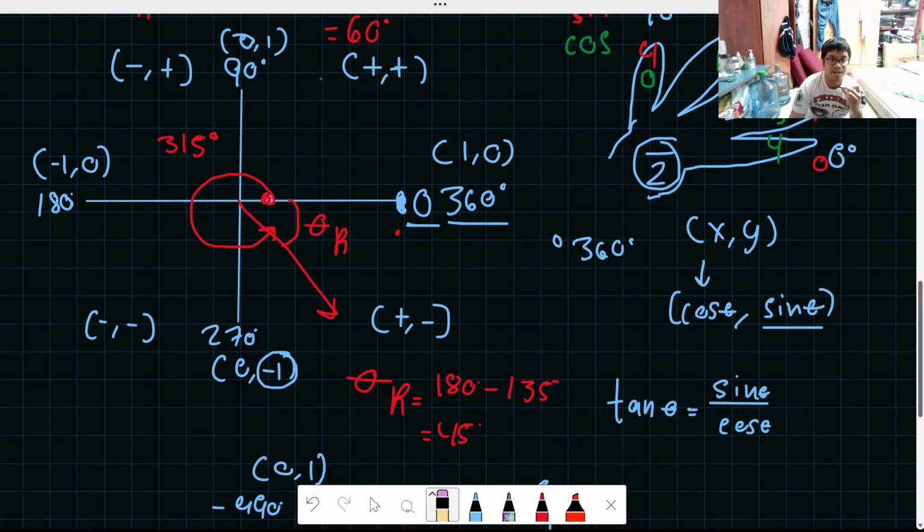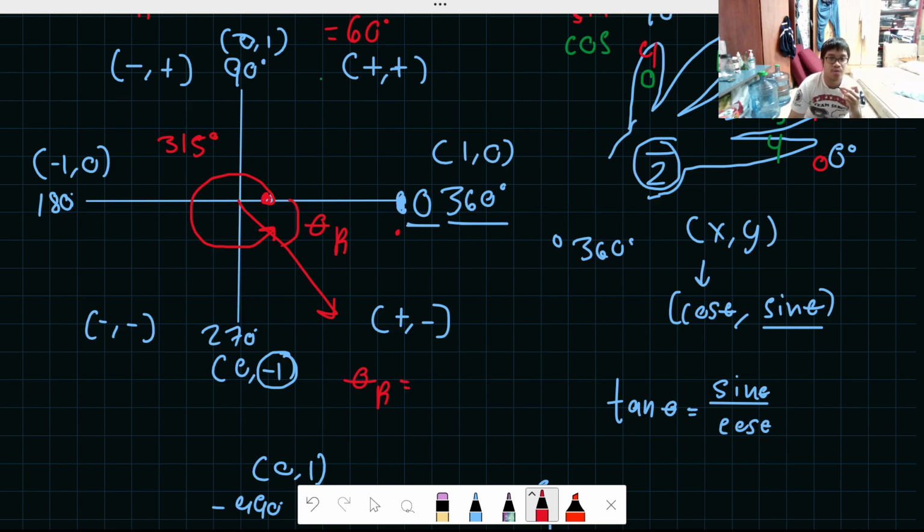So let's get the reference angle that is on the fourth quadrant. If you're going to get the reference angle on the fourth quadrant, what we do is subtract the given angle from 360. The given angle here is 315 degrees. So 360 minus 315 is 45 degrees.